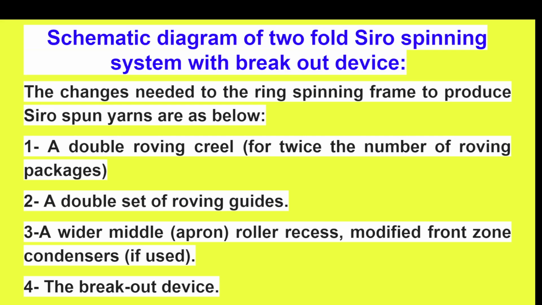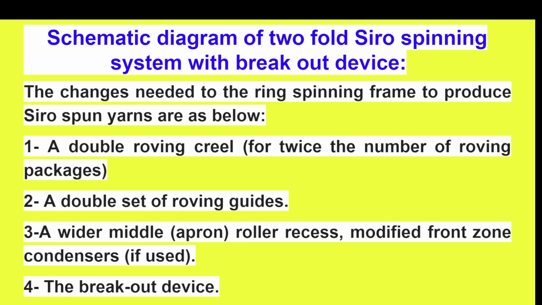Guys, when we mount a Siro spinning mechanism on our ring frame machine, some changes are made in our ring frame machine. The changes required to produce a double fold twisted yarn in Siro spinning system are given below.